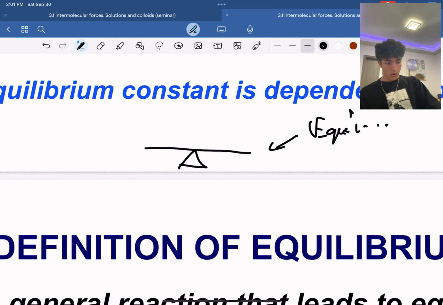Now, if I were to put more weight here, this would then change and look something like this, okay?